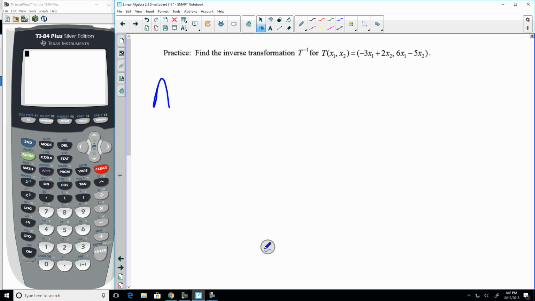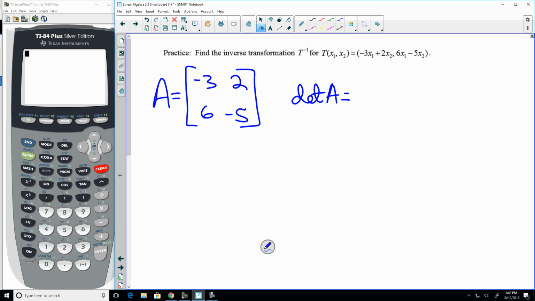All right, so let's just go ahead and find the determinant. It's like 15 minus 12. So we get 3.